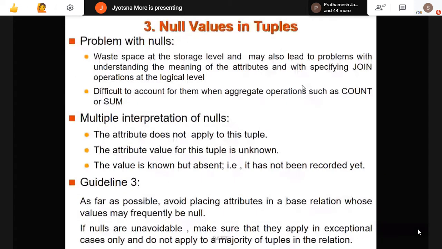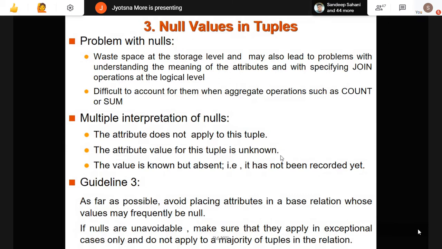Third one: null values in tuples. Already we have studied the concept of null values. The meaning is, first, the attribute does not apply to this tuple. I have added the attribute, but it is of no use, so I just put the value as null. Second, the attribute value for this tuple is unknown. Right now I don't know the value for it.